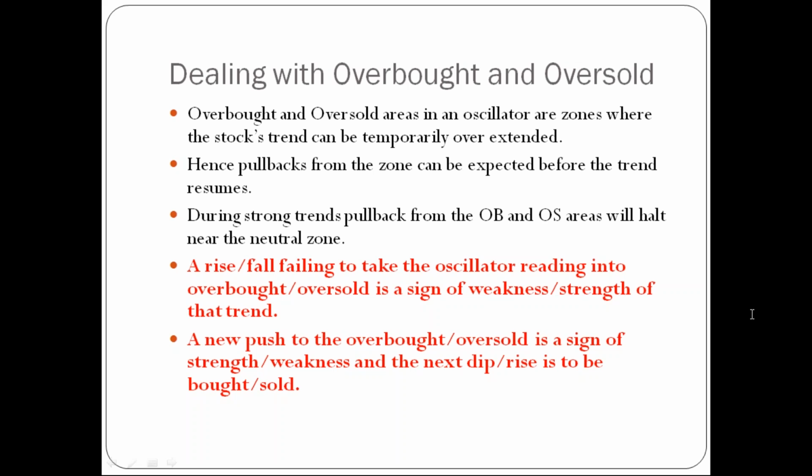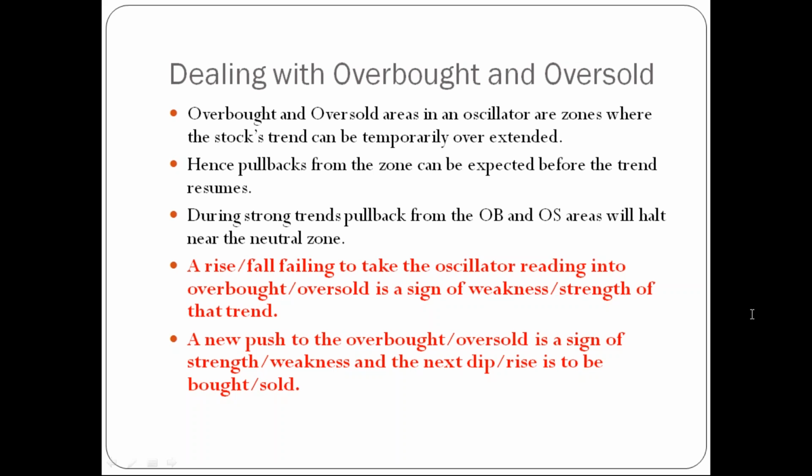Overbought and oversold zones are areas in an oscillator where the stock trend is temporarily overextended. That means when overbought and oversold zones are reached, the ongoing trend has extended itself too far.